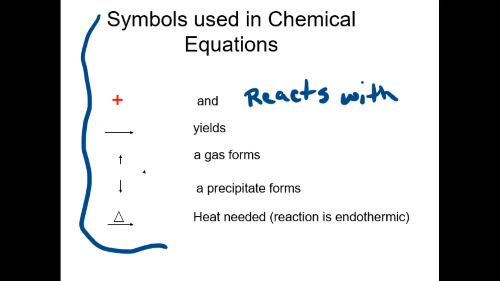One we haven't talked about is this one where the arrow is going up, that's gas. When the arrow goes down, and we don't use this too often, it forms a precipitate. Write that word down because that means it's forming a solid. Whenever you see a triangle, it means there's going to be heat needed to make the reaction happen.